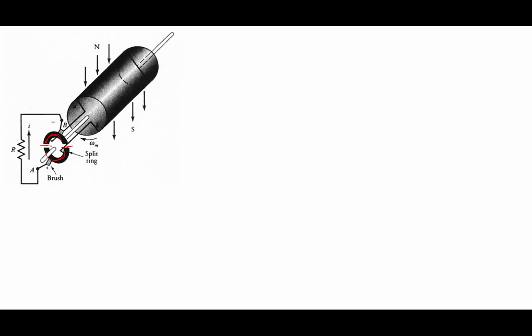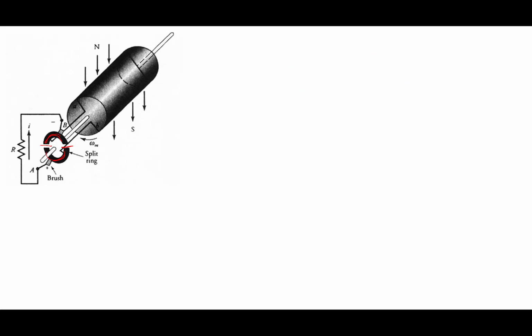A slip ring is completely closed and gives a closed path, but a commutator segment gives it like this, filled with insulation. So we put a commutator segment just to get the DC output across the load.